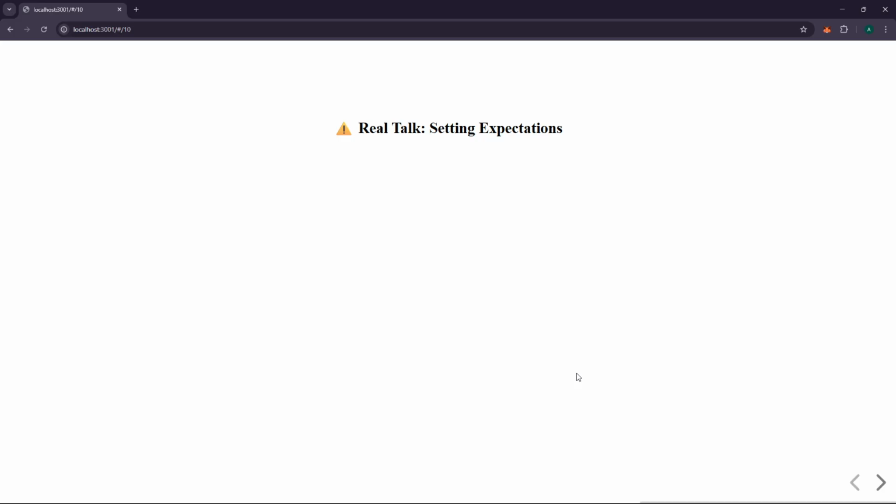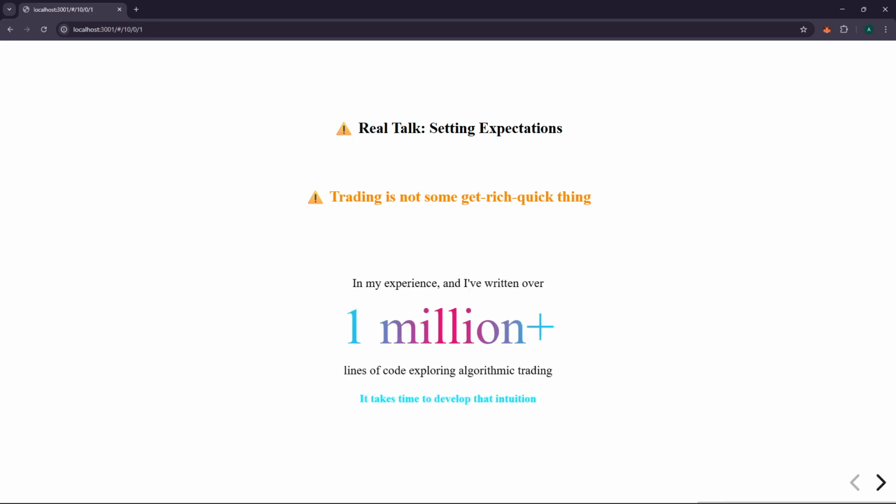Now let's talk about the real talk, setting expectations. First of all, trading is not some get-rich-quick thing. We need to put effort in order to learn this skill. In my experience, and I've written over 1 million plus lines of code exploring algorithmic trading, it takes time to develop that intuition.